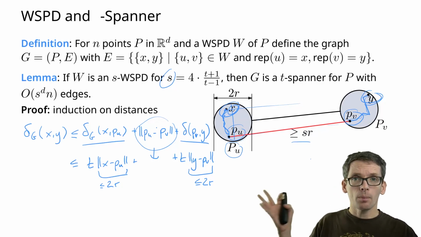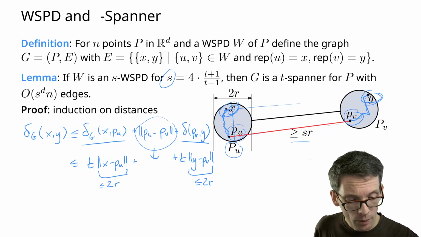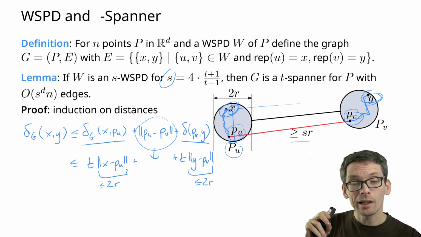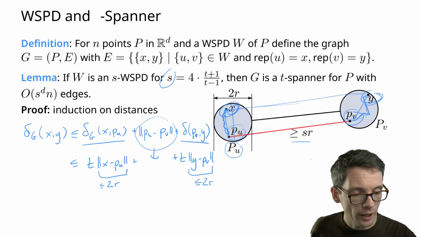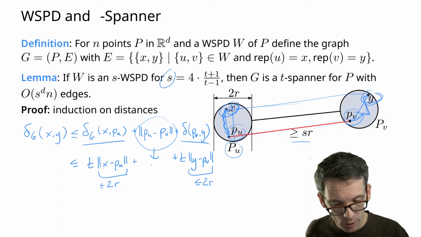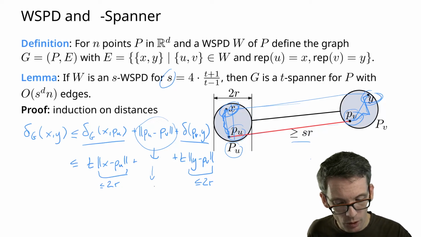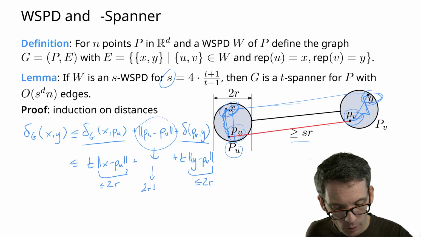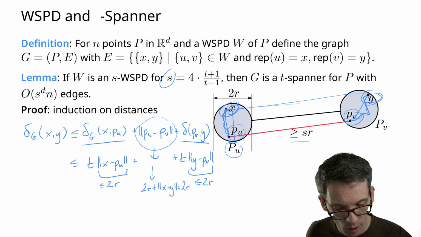I want an upper bound on the distance between p_u and p_v. By the triangle inequality, this is bounded by the distance, and this is now Euclidean distance, from p_u to x, x to y, y to p_v. So I can replace this term by the Euclidean distance from p_u to x, which is 2r, plus the Euclidean distance from x to y, plus the Euclidean distance from y to p_v, that's again 2r.